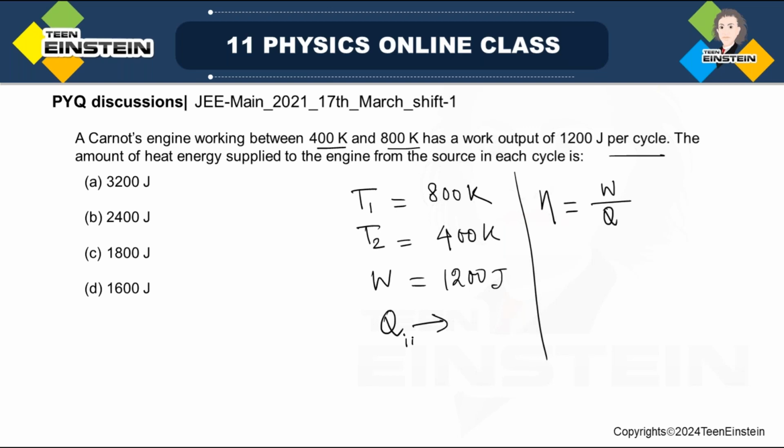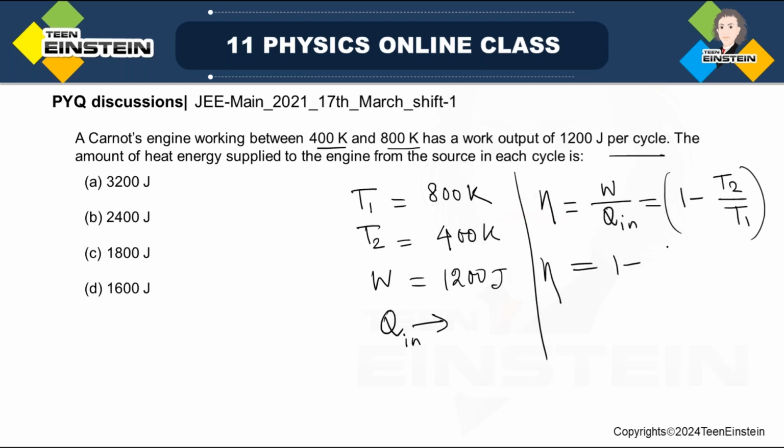Let us say this is the heat input. We need to know eta. Again, this efficiency eta can be written as 1 minus T2 by T1, where T2 is the temperature of the cold reservoir and T1 is the temperature of the hot reservoir.